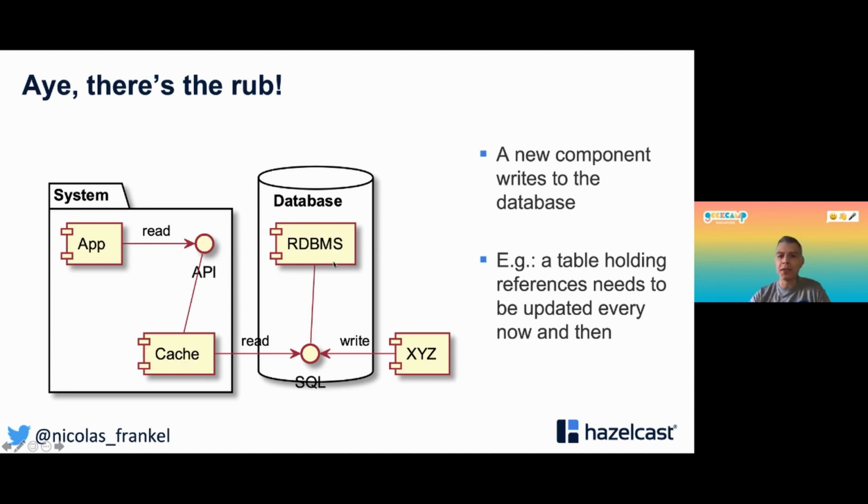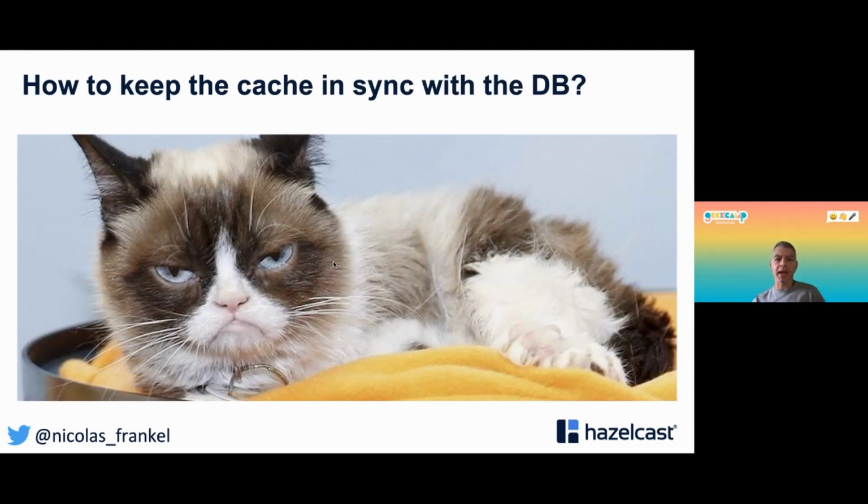An example would be a batch process that refreshes the database every day, every week, every month, perhaps every hour, I don't know. So you have this table of references, and they are updated every now and then, and now your cache is not in sync. And this begs the question, how to keep the cache in sync? Because I don't want to serve reference data that is stale.